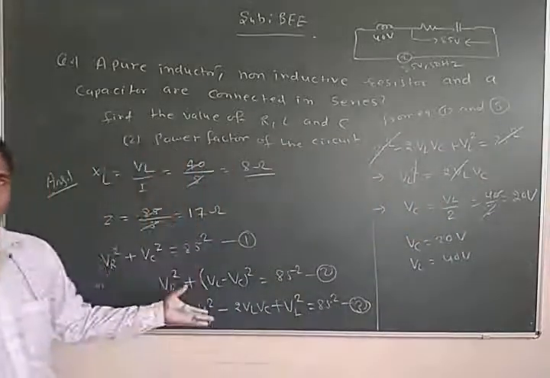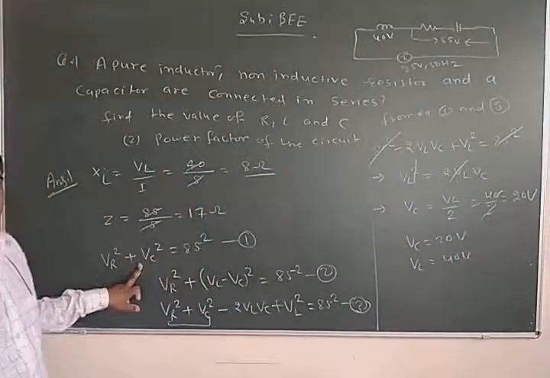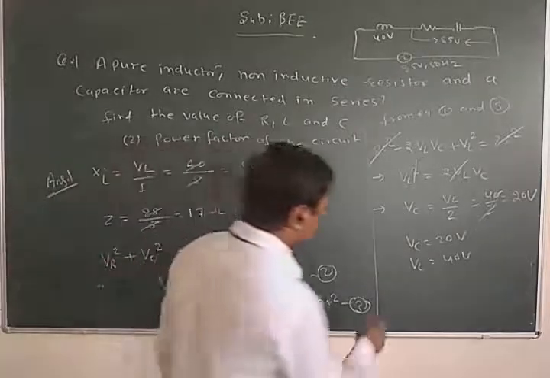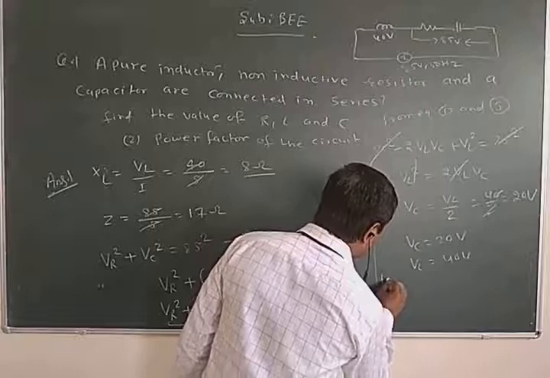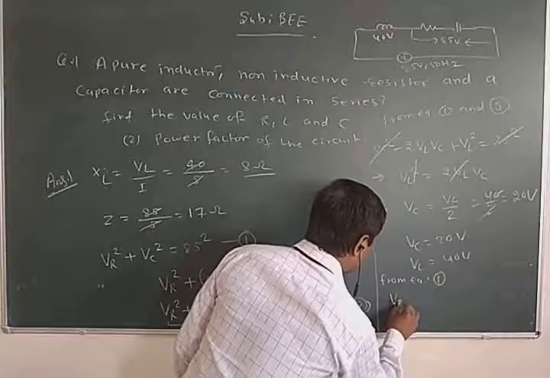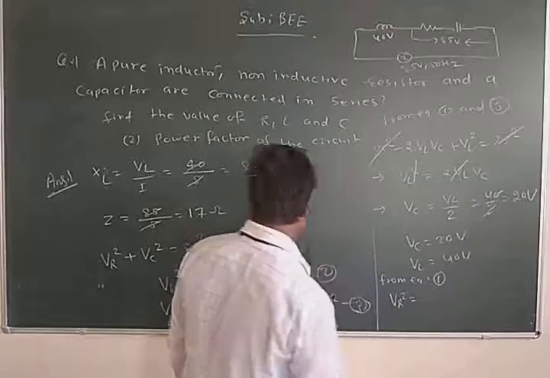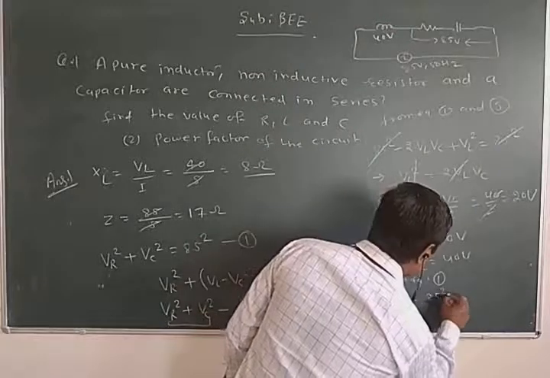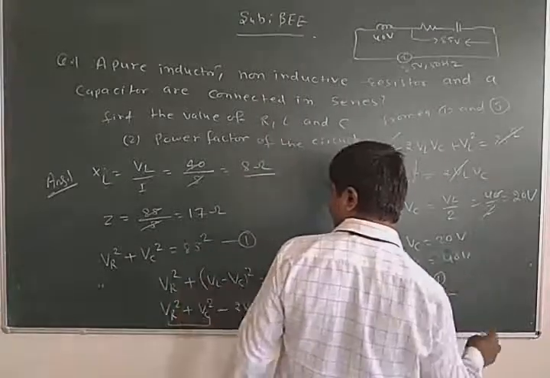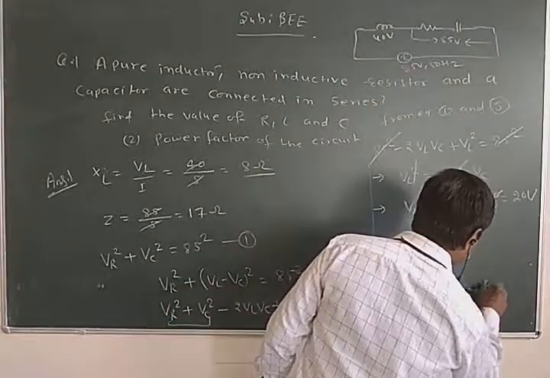Now VR, from equation first. VR square is equal to 85 square minus VC square. VC is 20, so 20 square.